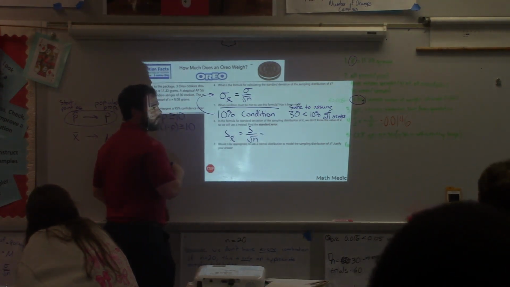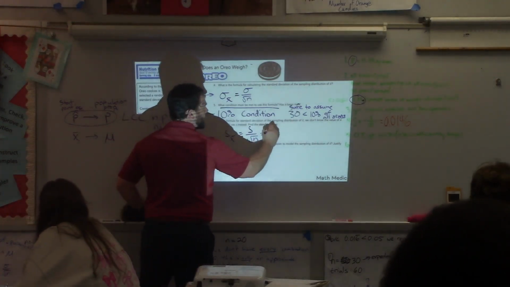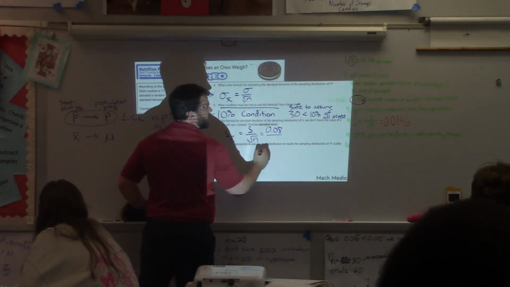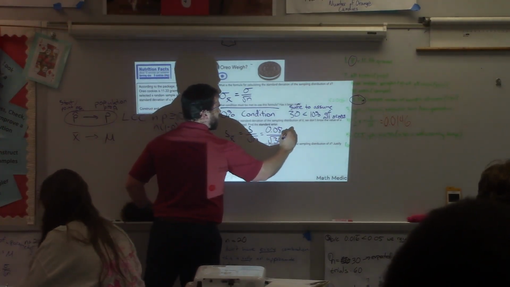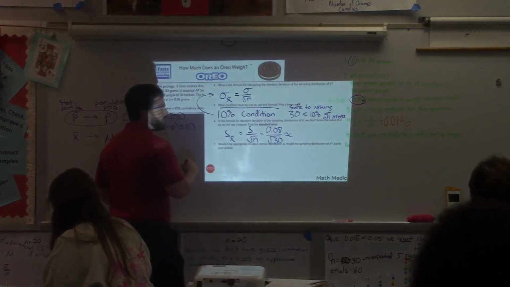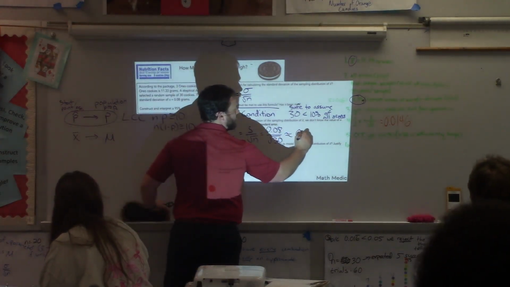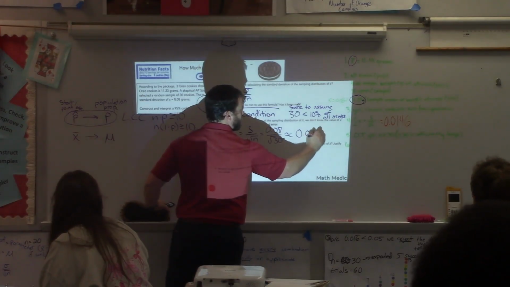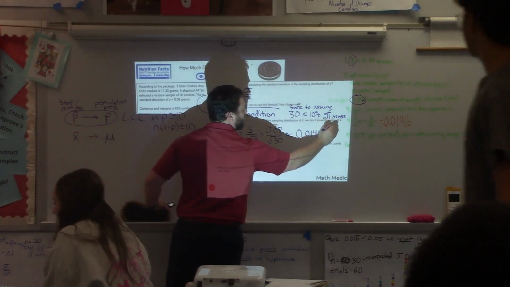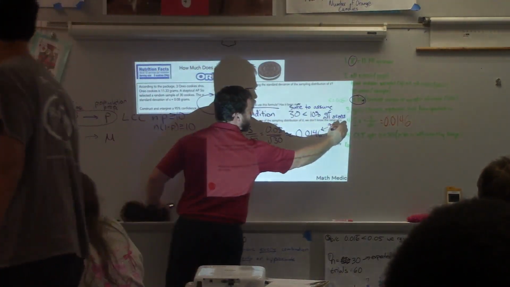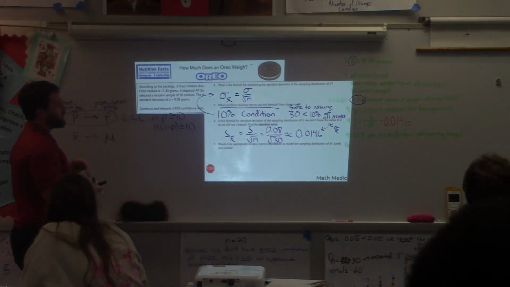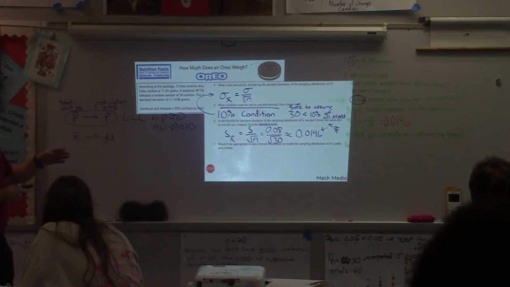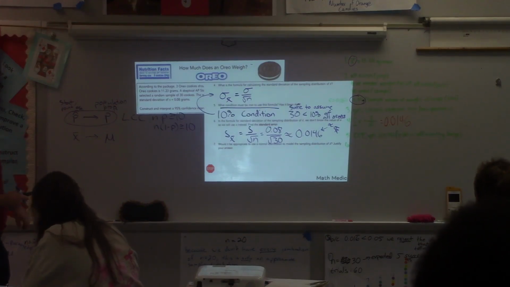So 0.08 divided by the square root of 30 is about 0.0146. This is approximately sigma sub x bar. Notice this is S sub x bar, that is the standard error. When we use S, that's the standard error. Sigma is the true standard deviation.